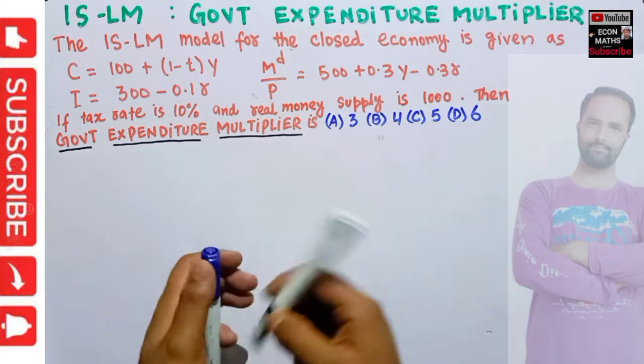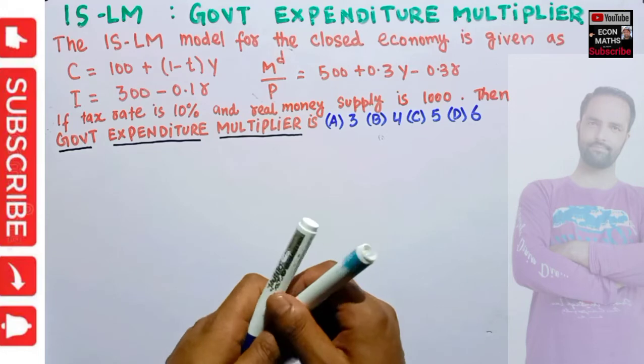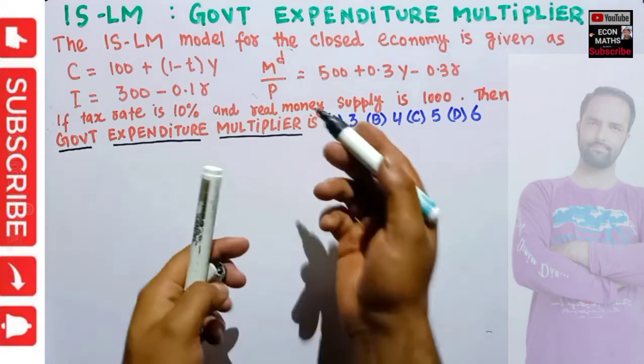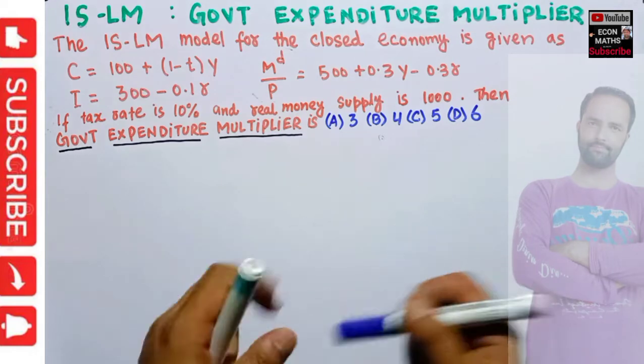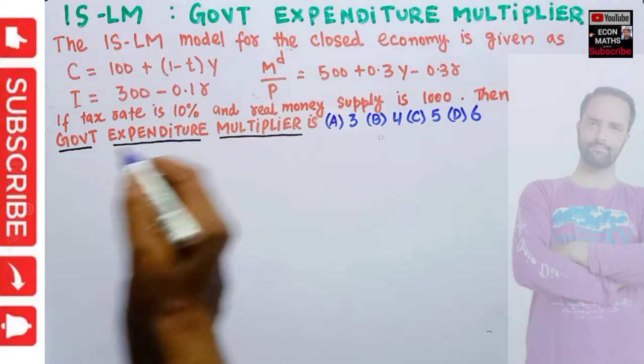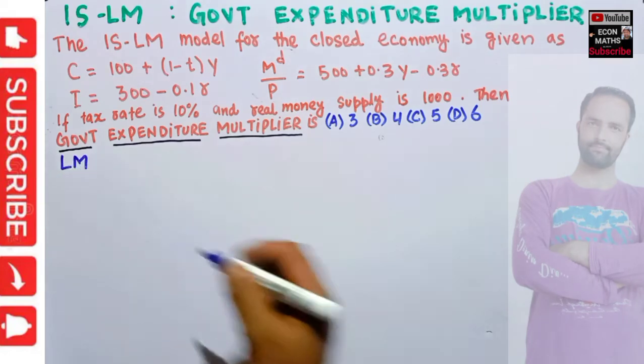So what we are being given here, we use that very information to derive the government expenditure multiplier. Let's take first the LM model here. Now what is LM?